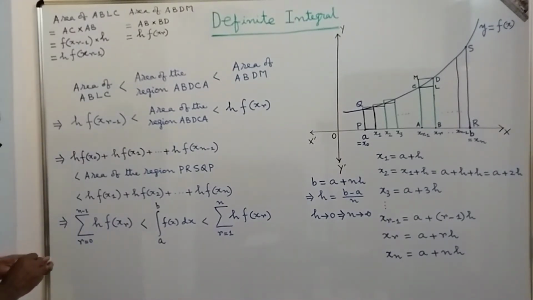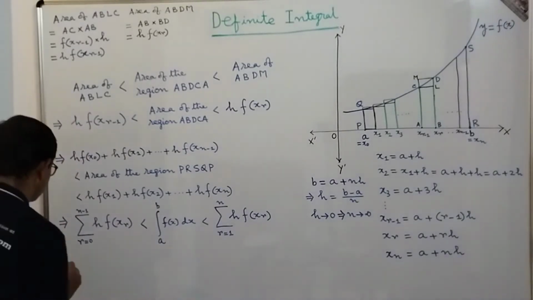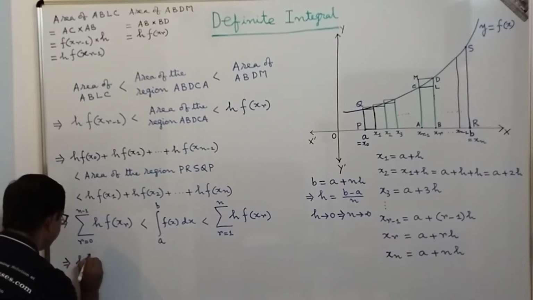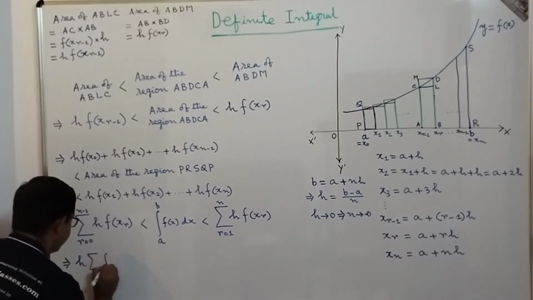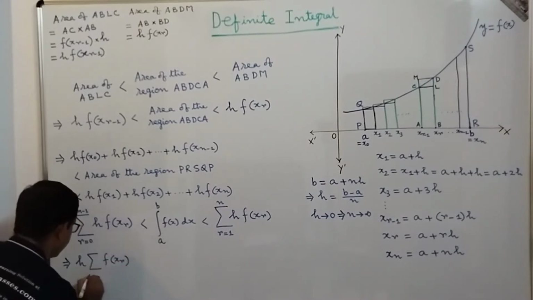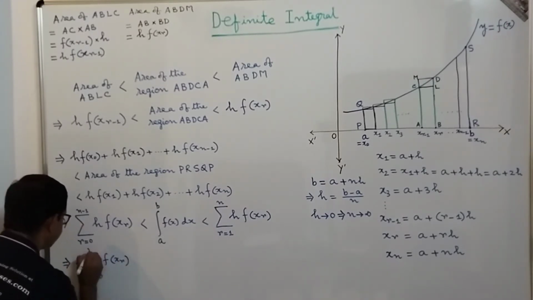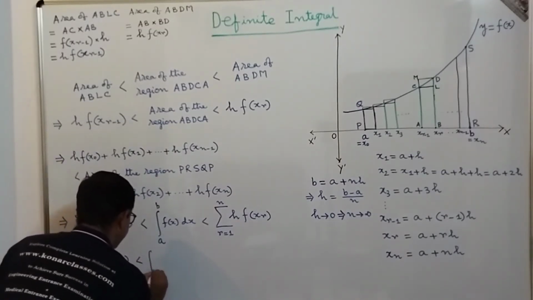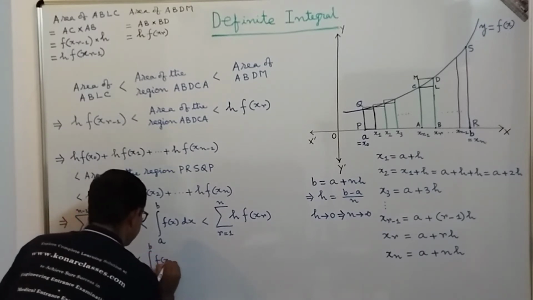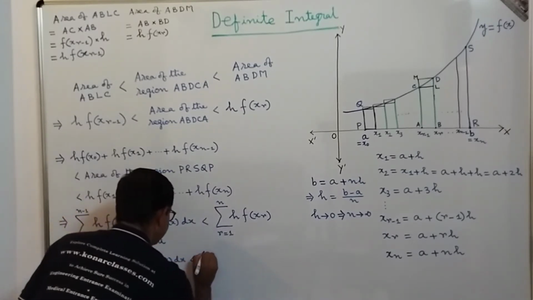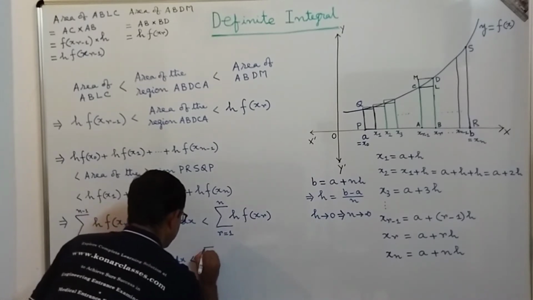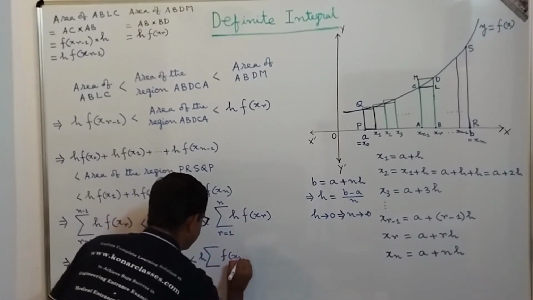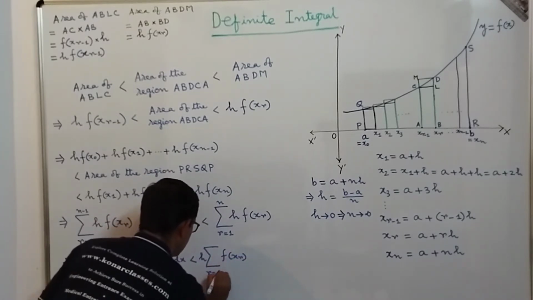So dear students, from here let me write it down. This implies that h into summation of f of xr, where r is from 0 to n minus 1, is less than the definite integral a to b f(x) dx, and less than h into summation of f of xr, where r is varying from 1 to n.